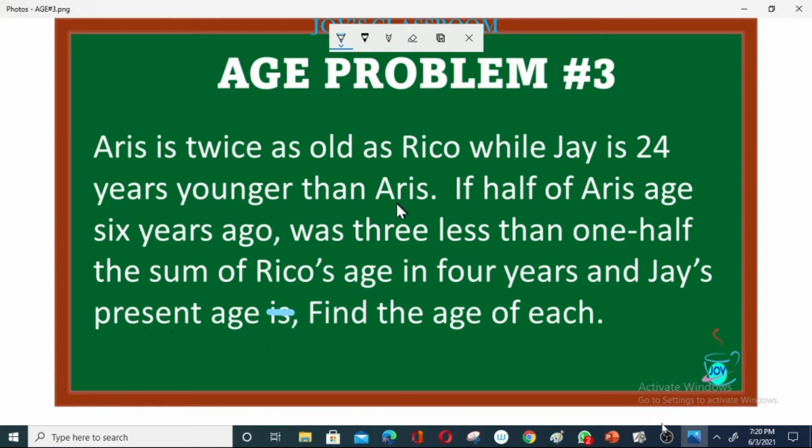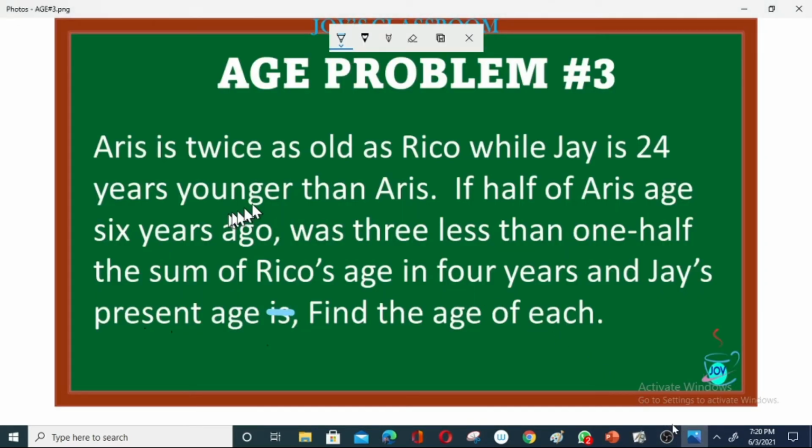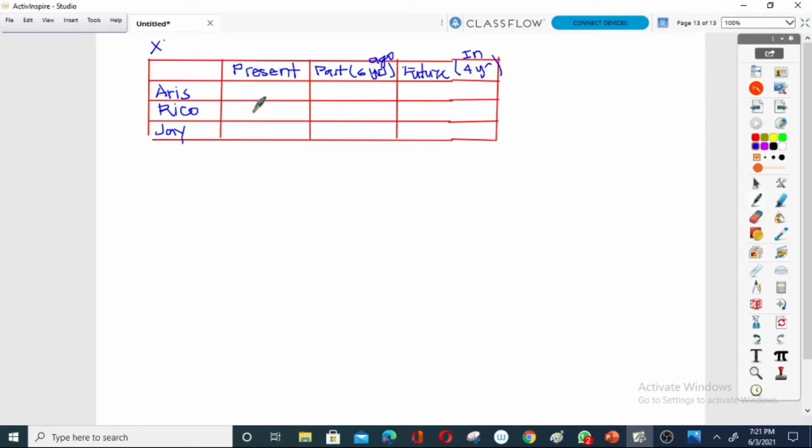The person who is not described in this problem is Rico. Aris and Jay are described because Aris is twice as old, and Jay is 24 younger than Aris. So Rico is not being described in this problem. So Rico will be our X.